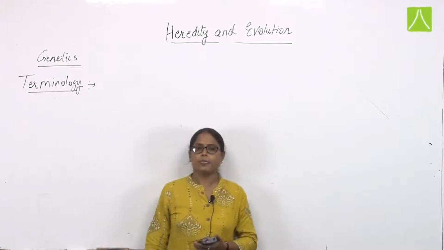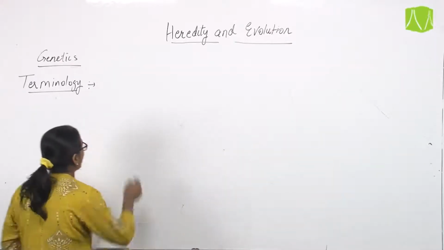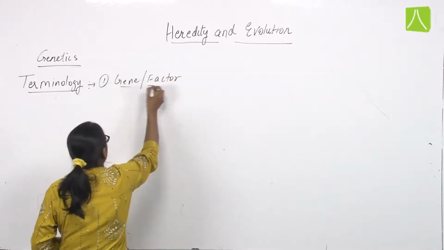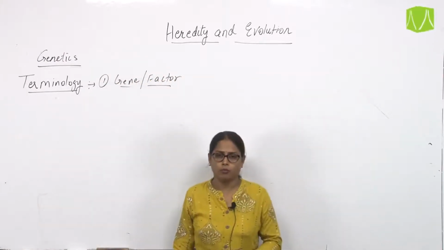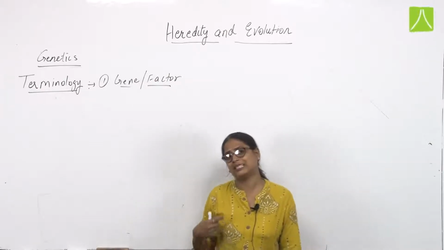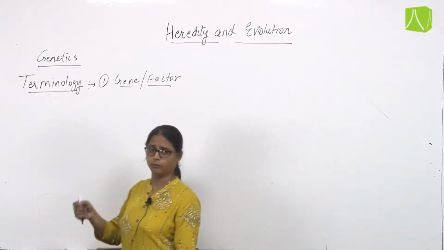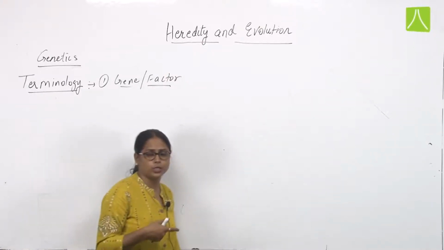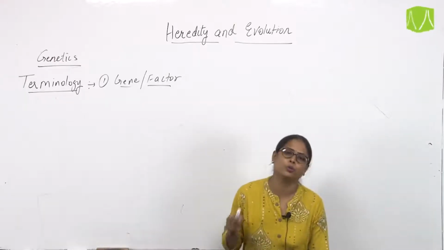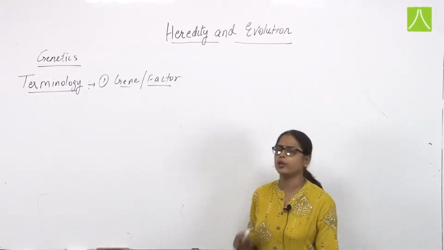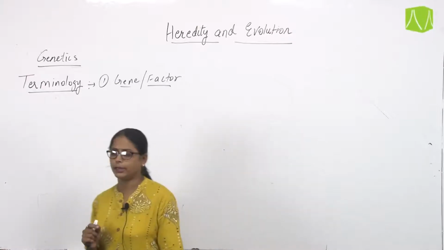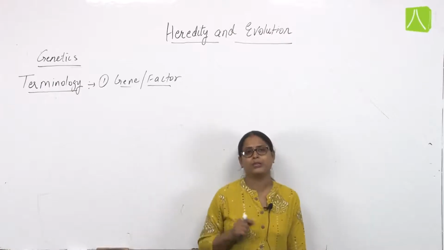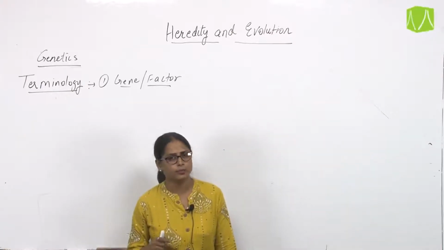In terminology, the first term is gene or factor. When Mendel started working on the pea plant, he did not know about the term gene, DNA or chromosome, because up till that time the microscope was not discovered, so Mendel was not able to observe anything inside the cell under the microscope.